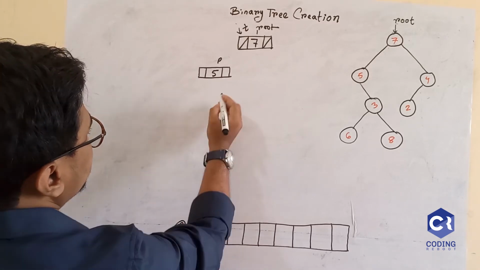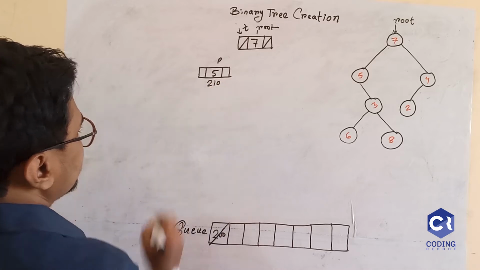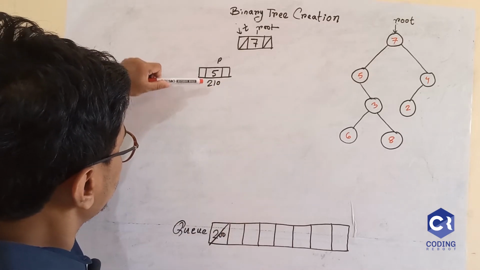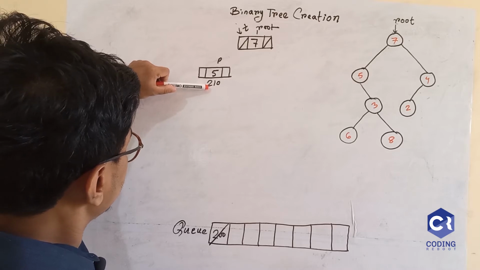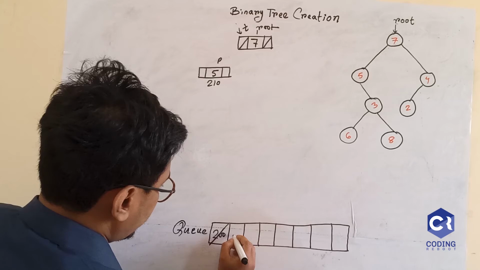Suppose the memory address of this new node is 210. So we are going to push this address into our Q data structure.